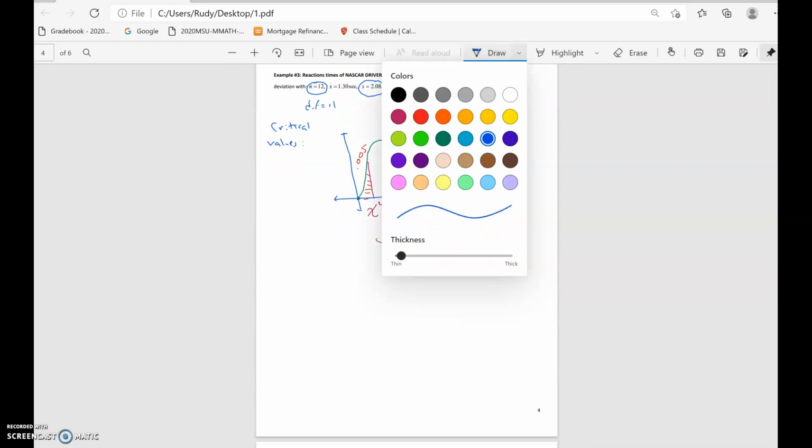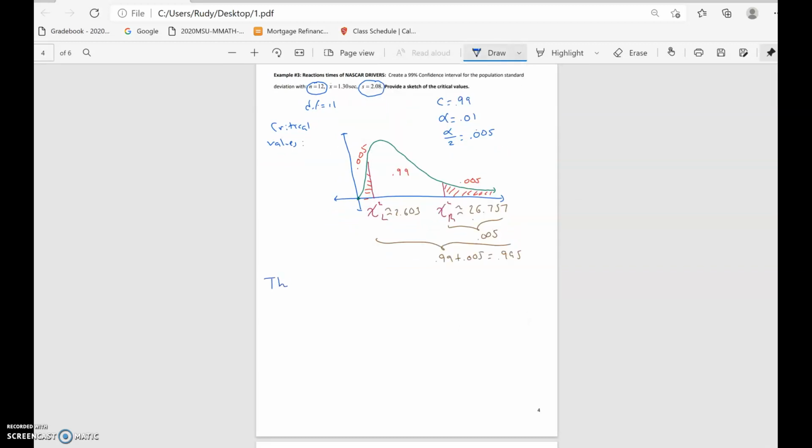So in this case, the critical values are going to be the one on the left, approximately 2.603, and the one on the right, 26.757.